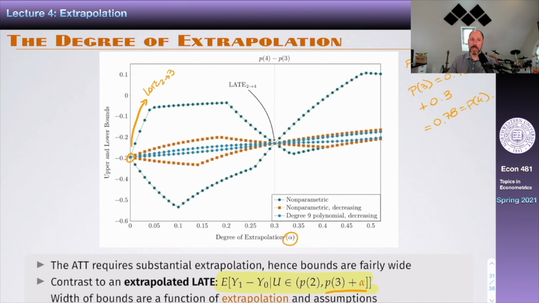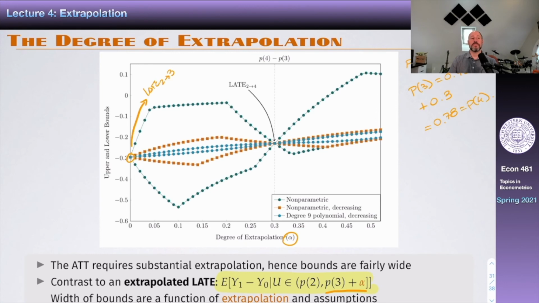It's extrapolation. And so now, if you're just doing this model, using the restrictions that we learned, you see that here are the bounds on the LATE. And then you see, if you just look at non-parametric, they could be quite wide. If you just do non-parametric and decreasing, they're already a lot narrower. And then if you just do a degree 9 polynomial and decreasing, you see that you have quite narrow bounds for this extrapolation.